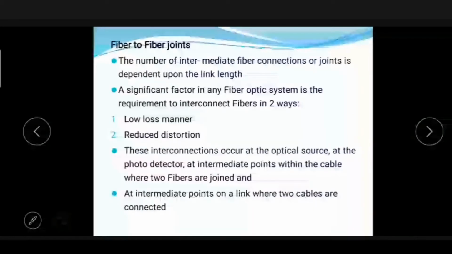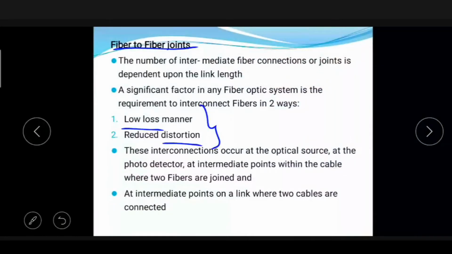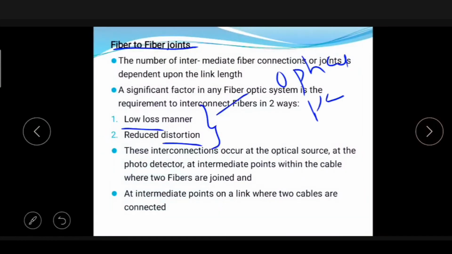Whenever I want to join a fiber, that is the fiber to fiber joining process, we look into two matters: one is low loss, the other one is reduced distortion. In the first case, some of the optical power may be lost, which results in loss. So that should be very little.